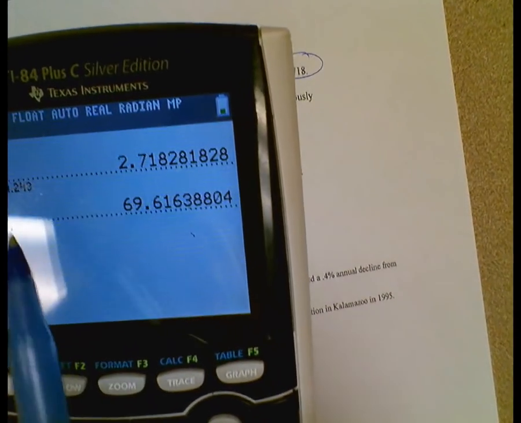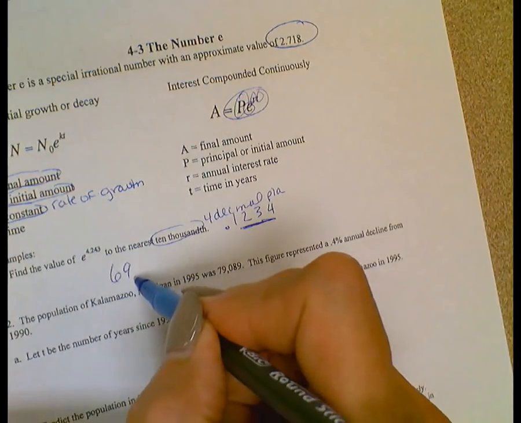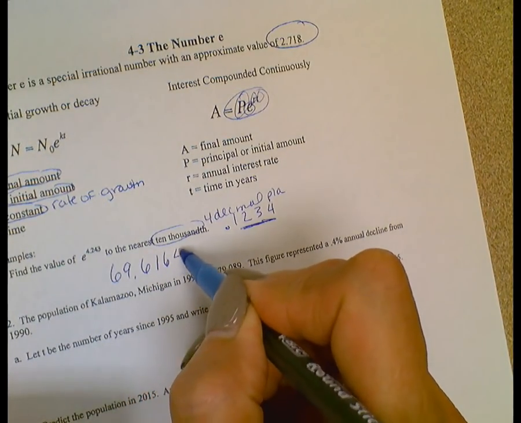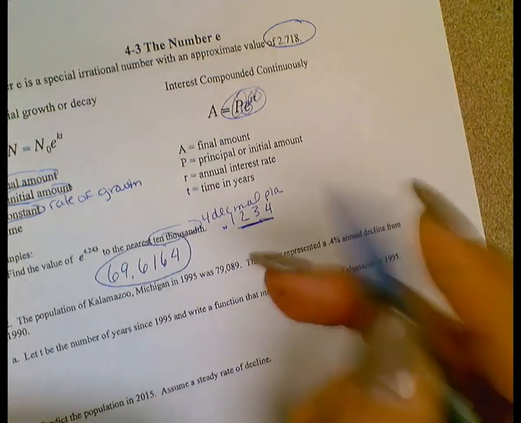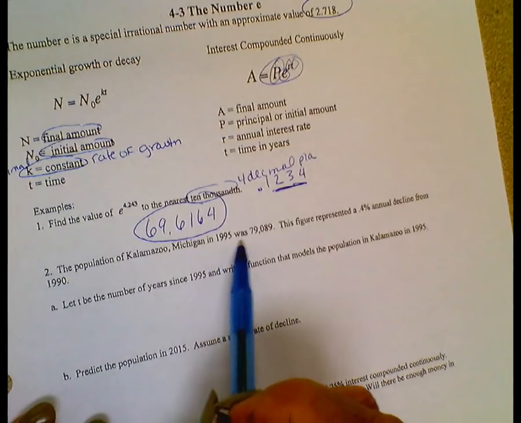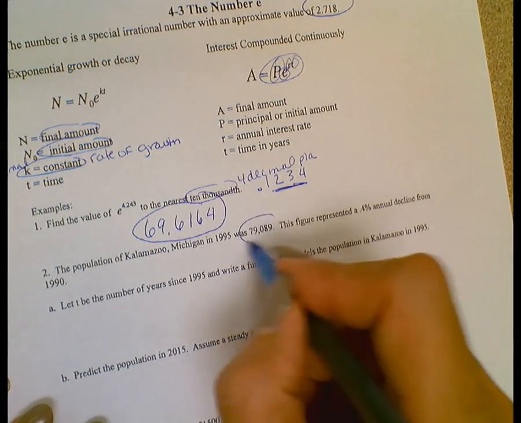Since that number is bigger than 1, it's going to grow. So 69.6164. That's 10,000ths.